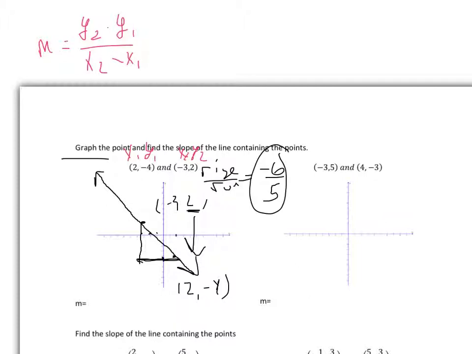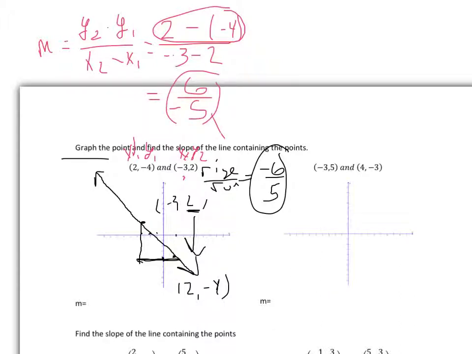Now when I plug these in, our y2 is 2, so we have 2 minus our y1, which is -4, over our x2, which here is -3, minus our x1, which is 2. When we do this, our numerator, 2 minus -4, is really 2 plus 4, which is 6. -3 minus 2 is -5, and you'll notice -6/5 is the same as -6/5, and we're good with that.